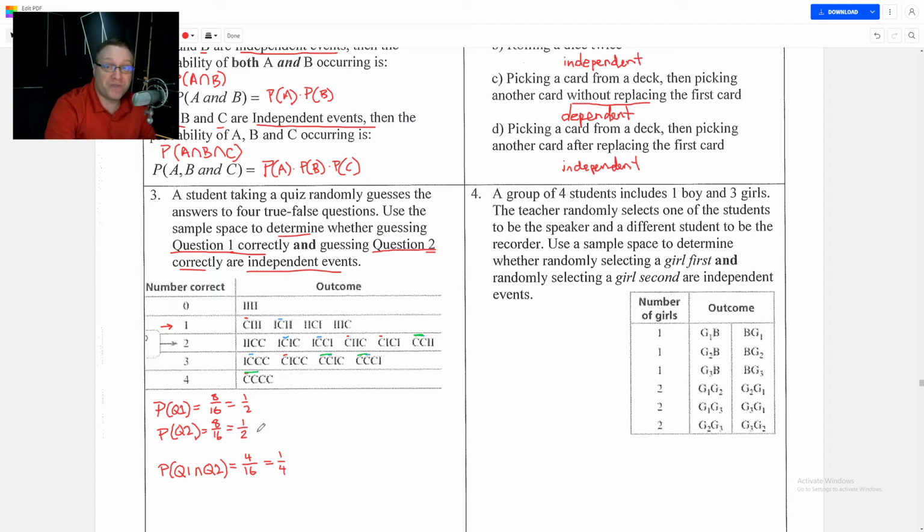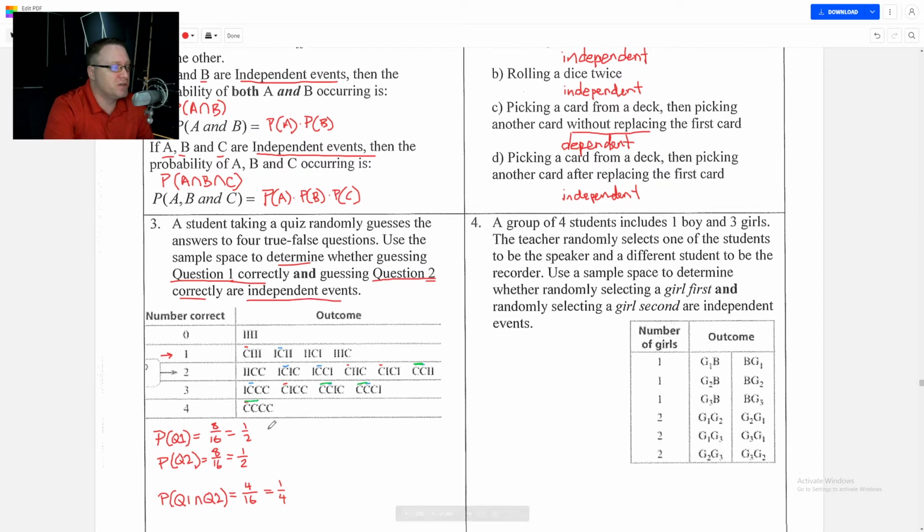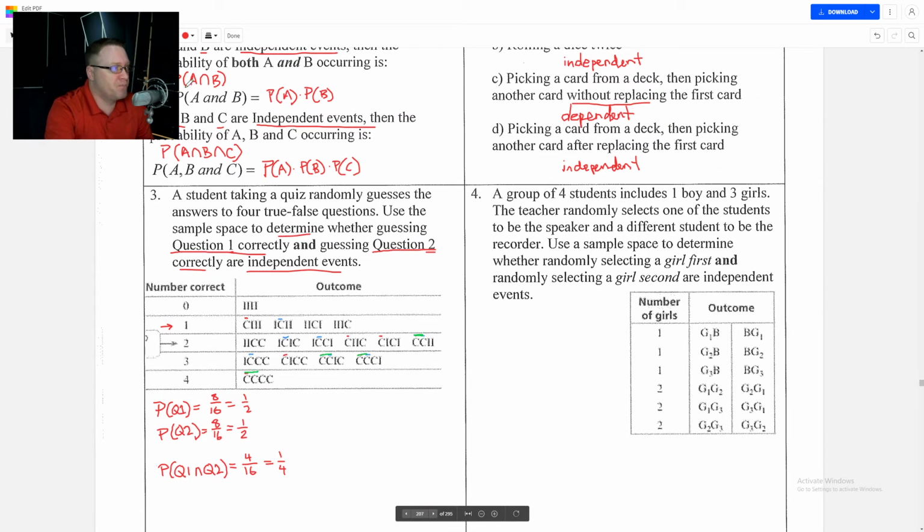Now, how do we know if these are independent events? Well, they are independent if this is true. Does P of Q1 and Q2 equal P of Q1 times P of Q2? Yes, it does.